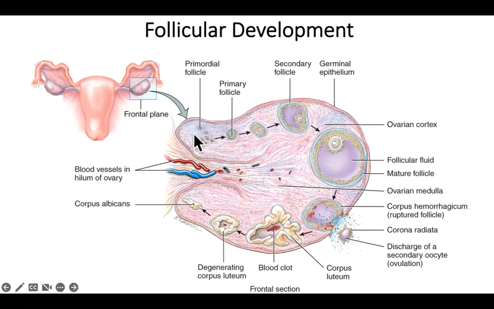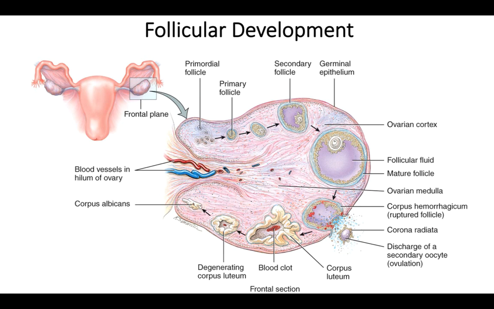So the primordials will begin to mature into the next stage called primary. Now, if a girl is born with tens of thousands of these, we don't want them all maturing at the same time. So just a few of them will start the process.